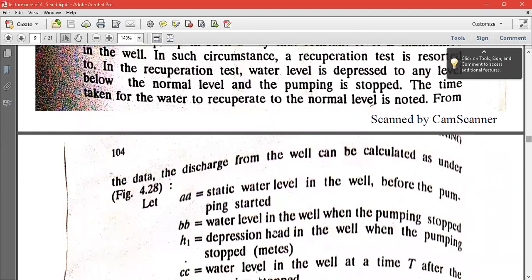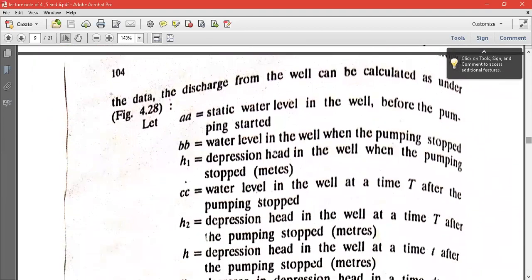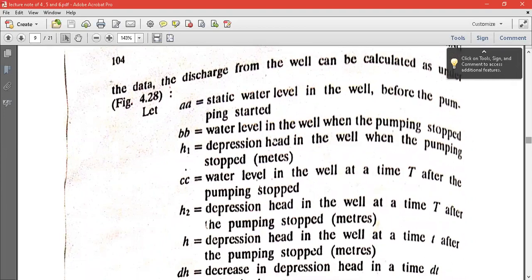From the data, the discharge from the well can be calculated by the following procedure. Now I am telling how, after recording the time and the depth of recuperation that has occurred, I will proceed to calculate the yield of the open well. So let us go to the figure.